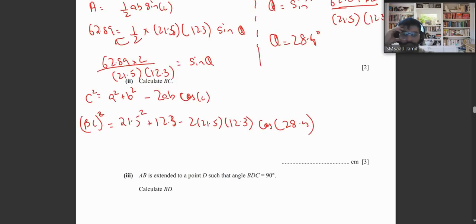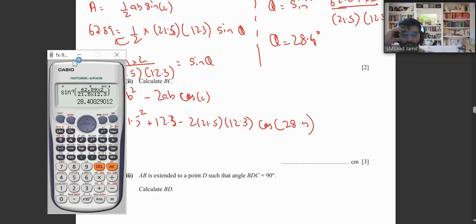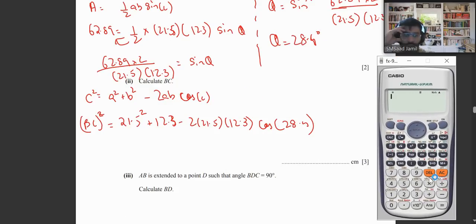So now let me solve this whole thing. 21.5 square minus 12.3 square minus 2 multiplied by 21.5 multiplied by 12.3 multiplied by cos 28.4.